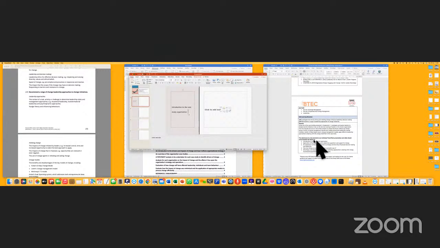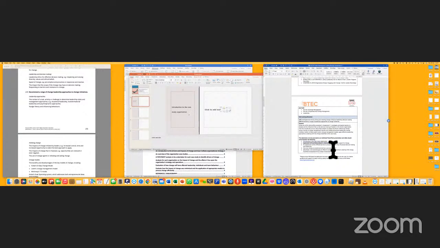So instead of discussing what the organization is, what products and services they sell and things like that, you're going to be discussing how that organization, in the introduction, looks at finding out what forces are driving for change within the organization, and if there are any resisting factors or opposing forces opposing the change which the organization's leadership is trying to do. So the introduction will be contextualized to learning outcome 3 and 4.